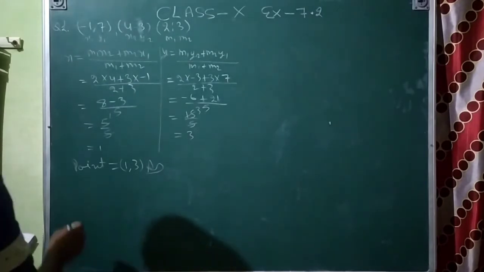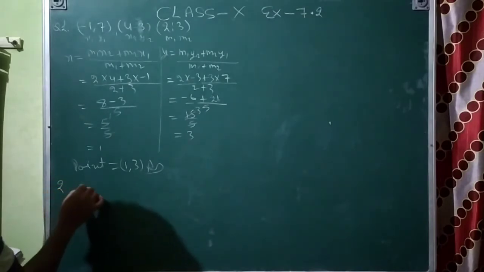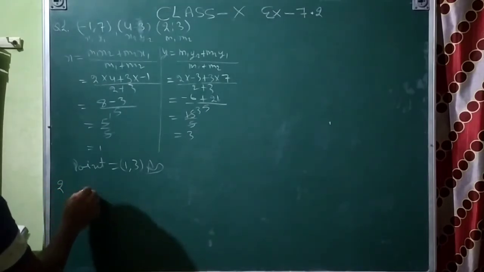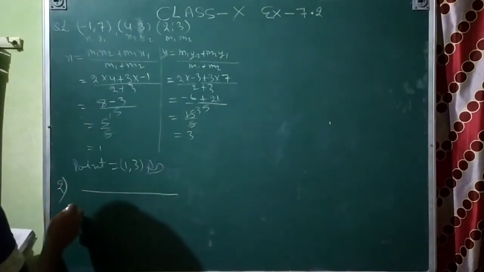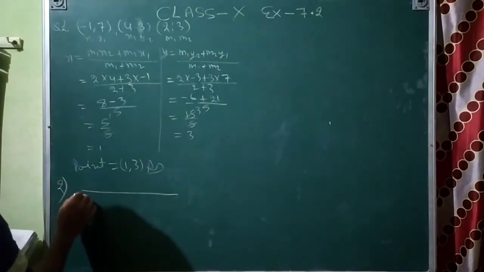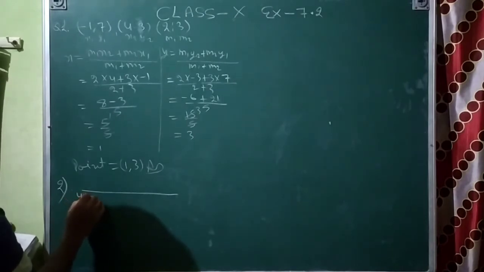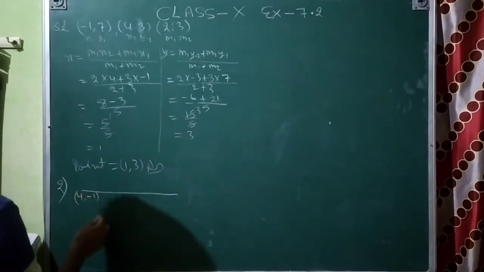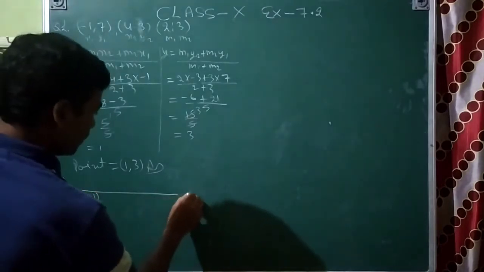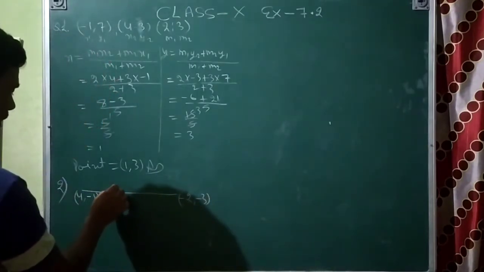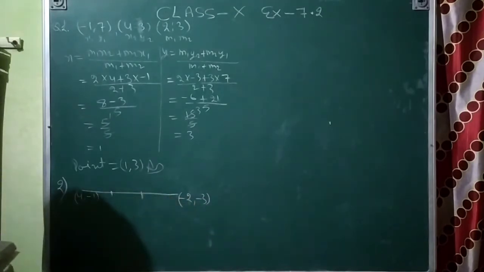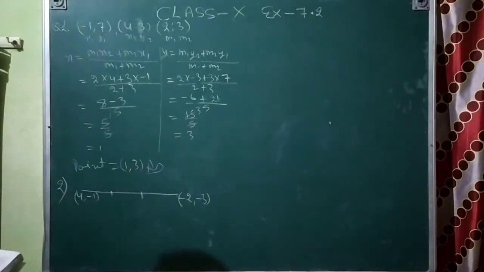And then the second part: find the coordinates of the points of trisection of that line segment. Here it is very simple. First of all we make a line, and the points are (4, -1) and (-2, -3). Trisect means 3 equal parts.